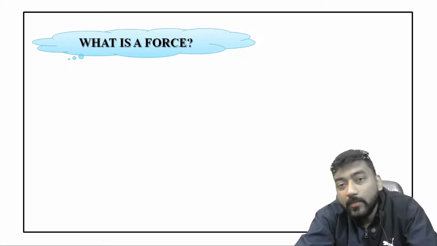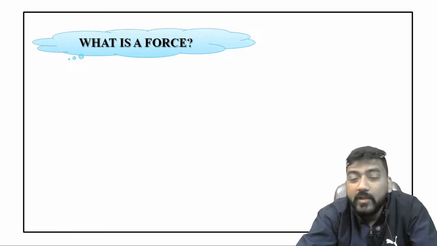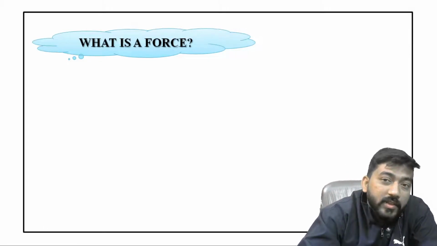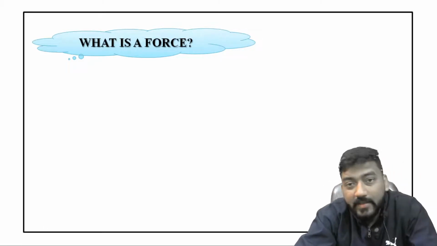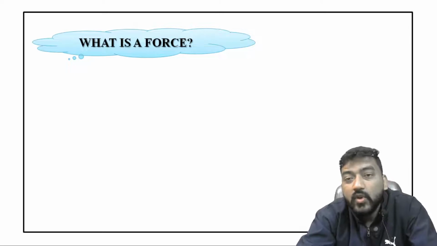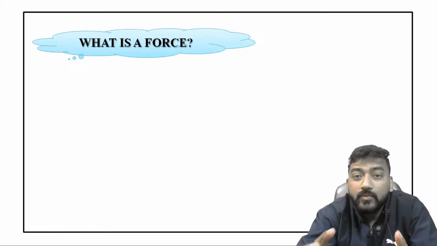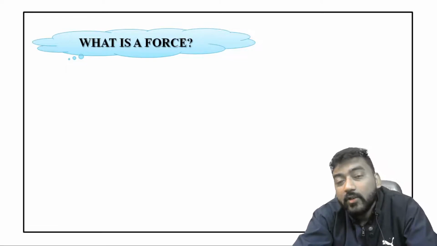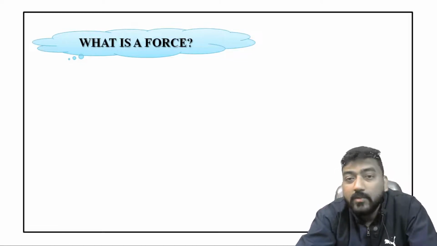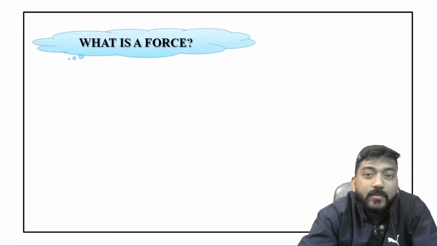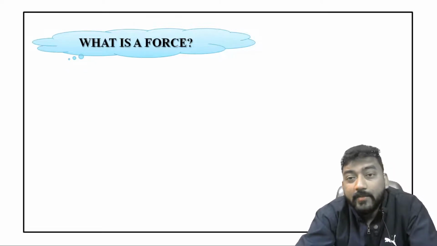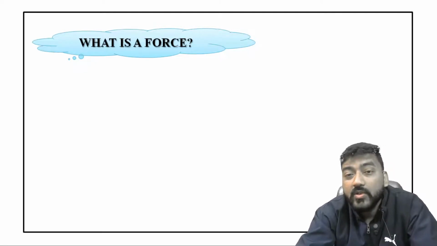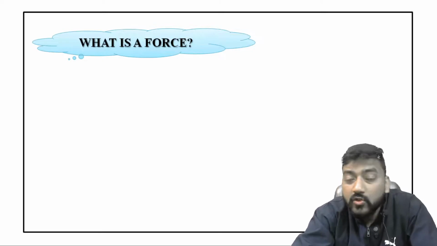If the object is in motion, you can give it more acceleration, or sometimes you want to stop the motion. If you give a push or pull to the object, sometimes it will be moving, sometimes it will be stopped. And sometimes maybe there is no motion, but the shape of the object can also be changed.